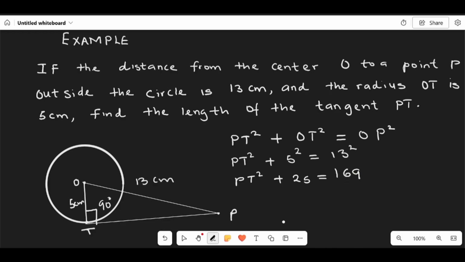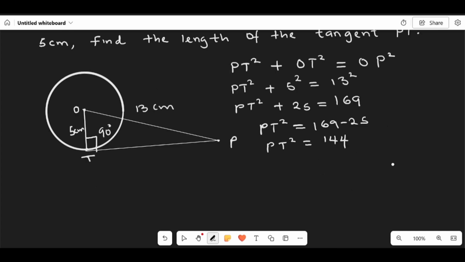Let us collect the like terms by moving 25 to the other side, and this positive sign will change to negative. So PT squared equals 169 minus 25. PT squared equals 144. Let us square root both sides.